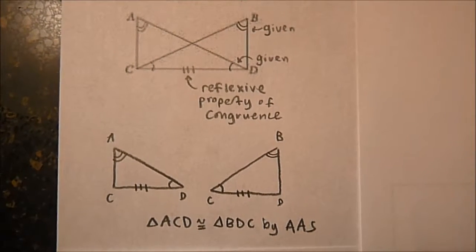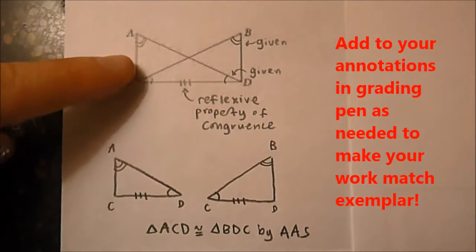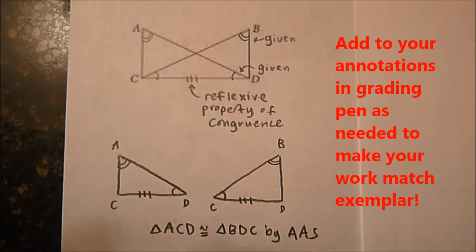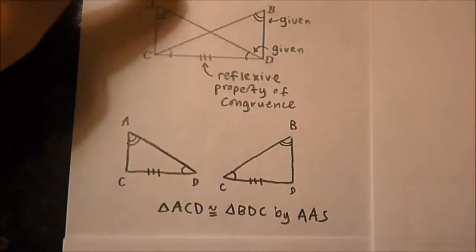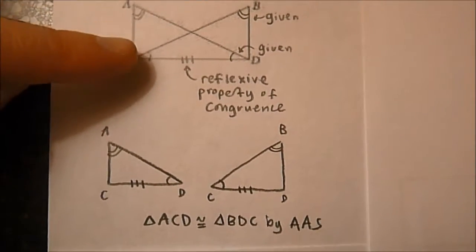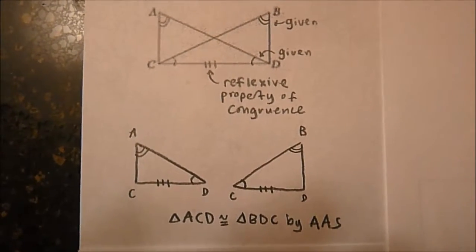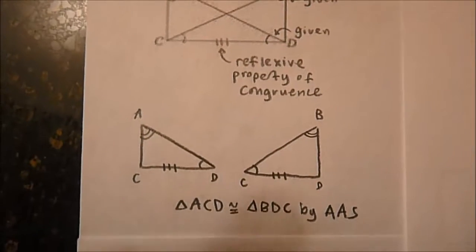So here were my annotations on this first diagram. I annotated both on my original and also on my redrawn triangles, so you can see that I have my two given angles. Be careful with your annotations of your angles. Make sure you have the right little skinny ones annotated. And then a shared side at CD. You can see this more easily down in my redrawn diagram.